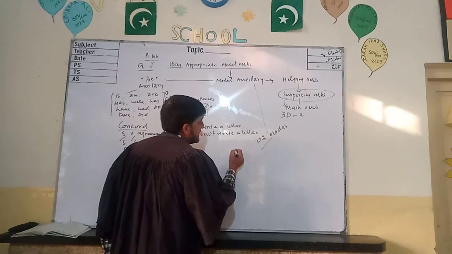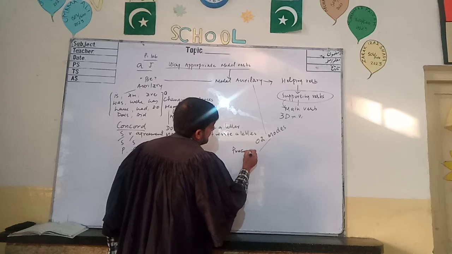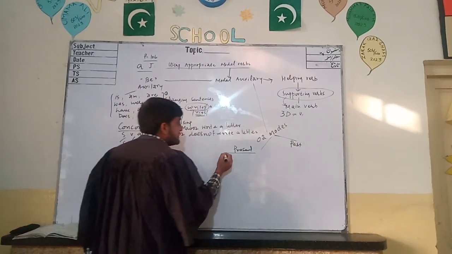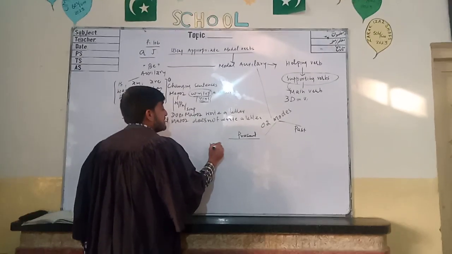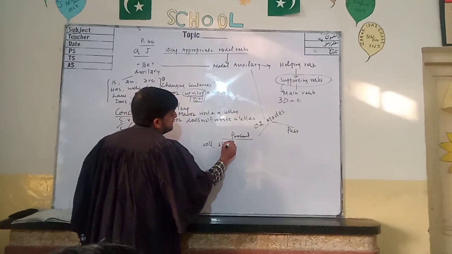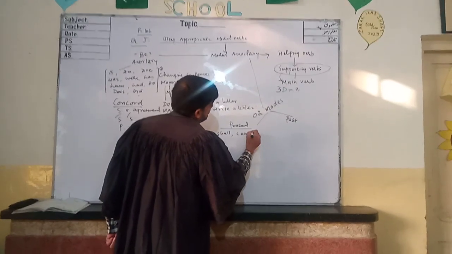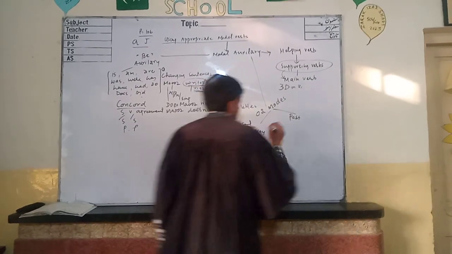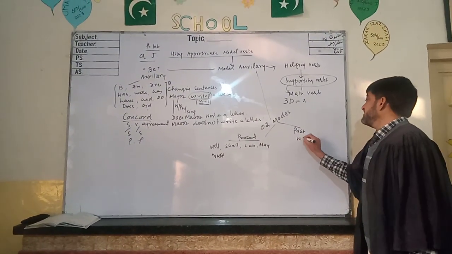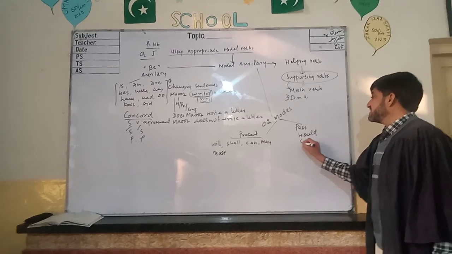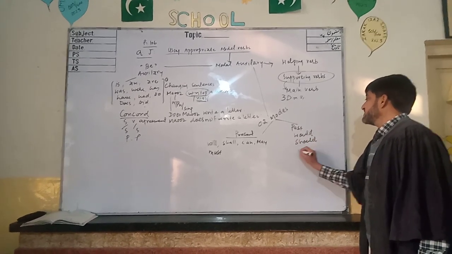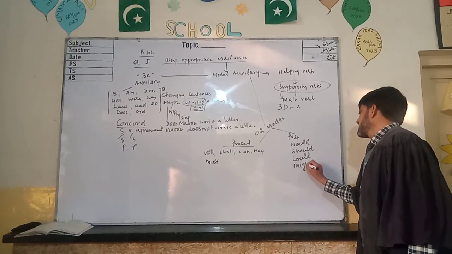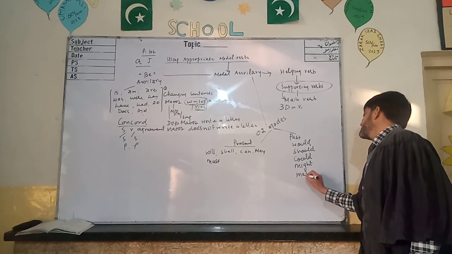The first one is called present mode and the second one is called past mode. In present mode, we will use will, shall, can, may, and must. In past, we will change into would, should, could, might, and must always remains the same.